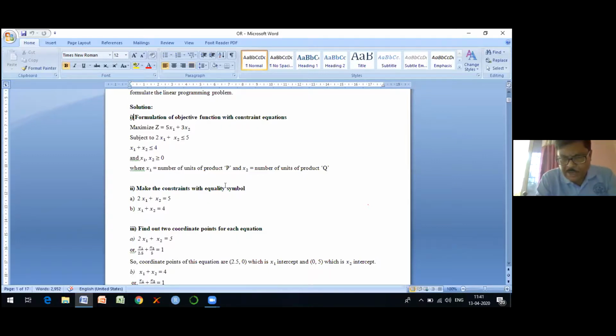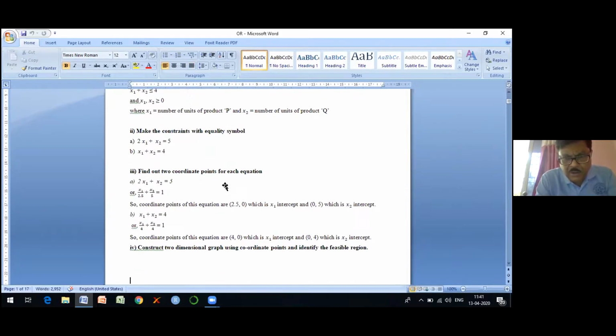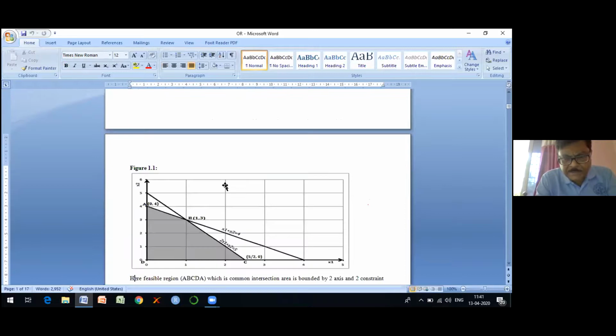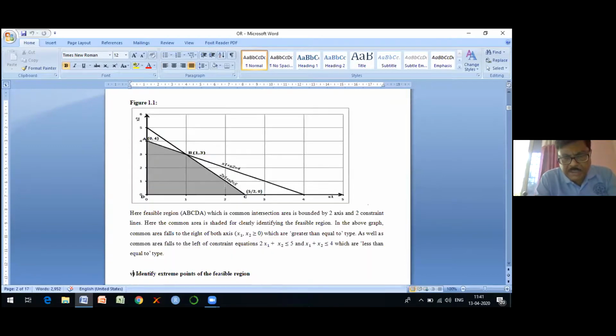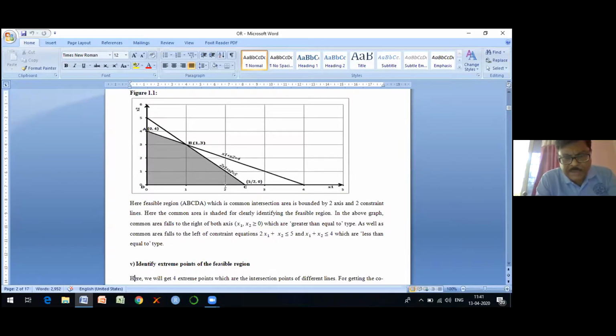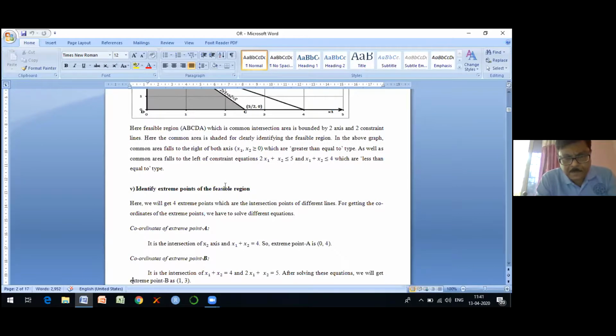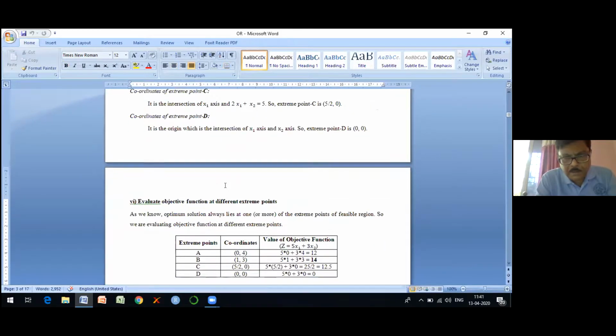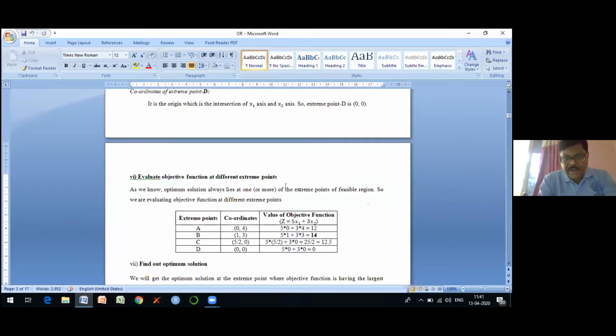So now coming to this point, we are considering 4 corner points. Here we have written the value of the objective function. So obviously it will be 5x1 plus 4x2.